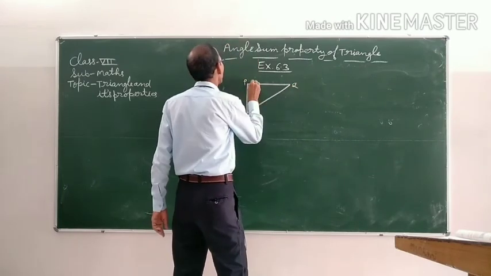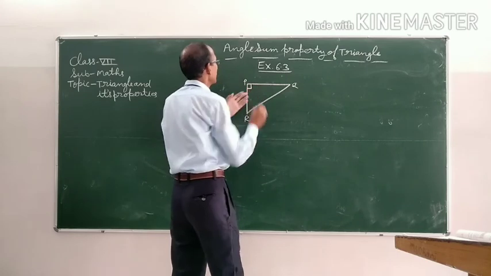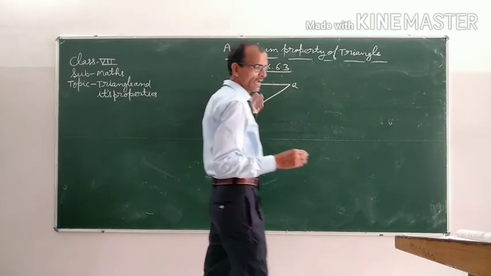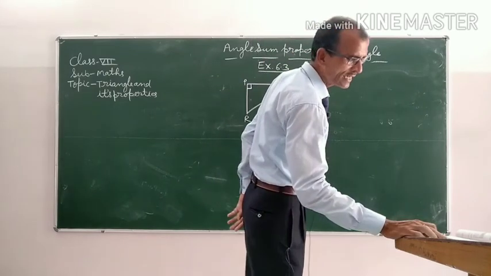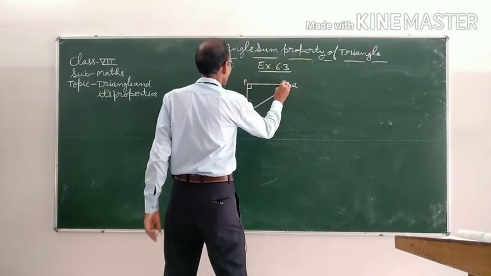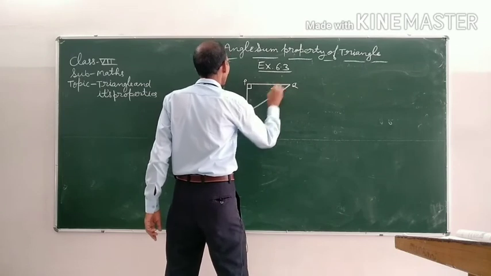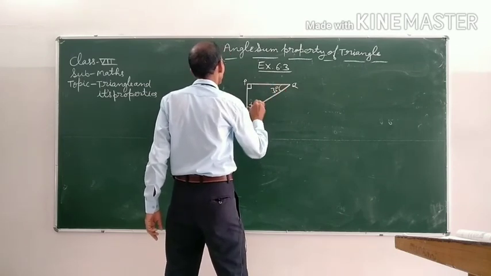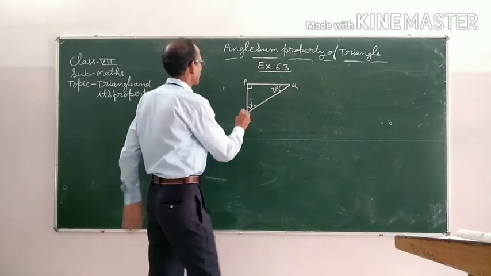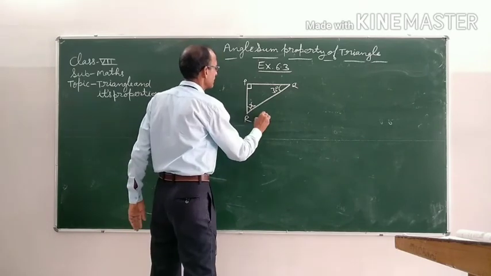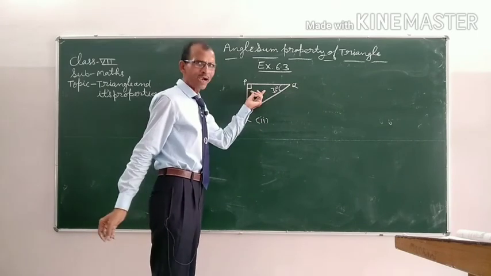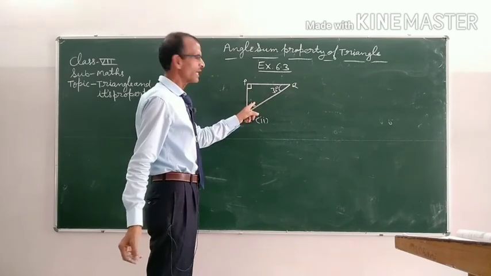Here angle P, we are given a symbol of 90 degree. So angle P is 90 degree, angle Q is 30 degree, and angle R is X. This is the second part of this question. We have to find the value of this unknown angle X.